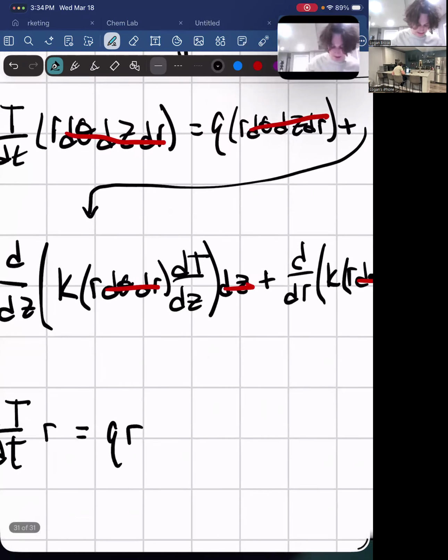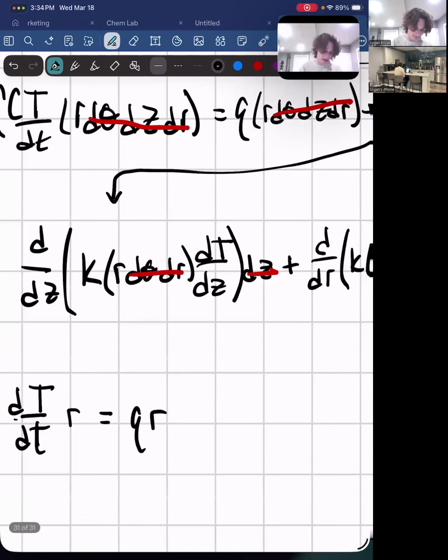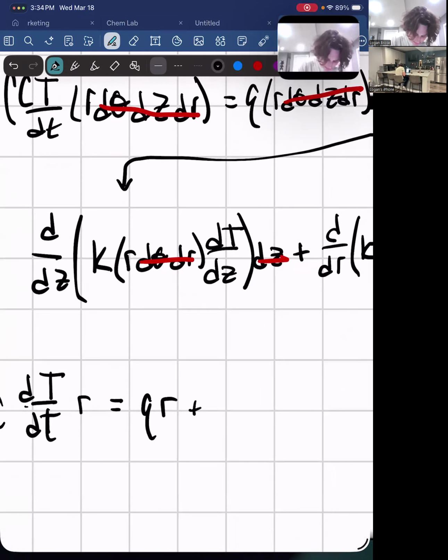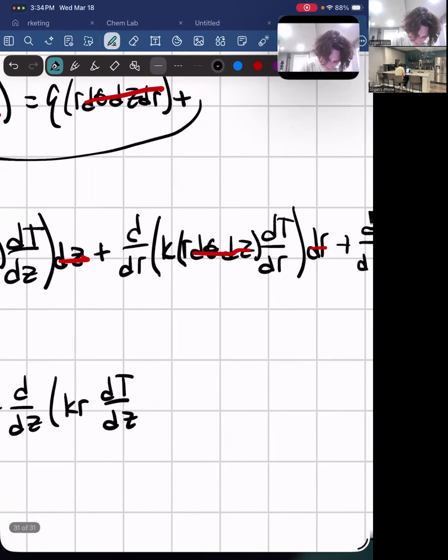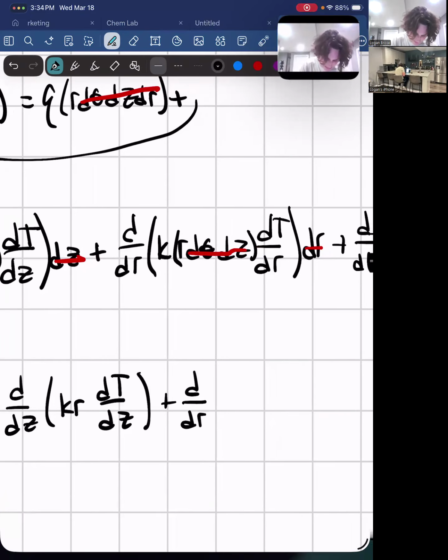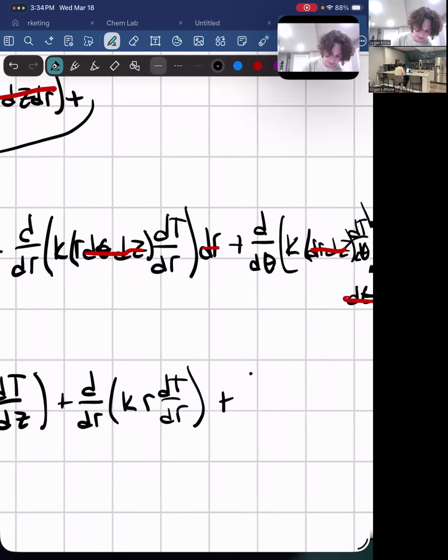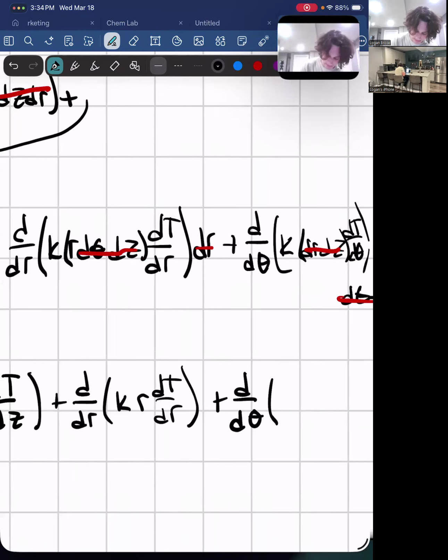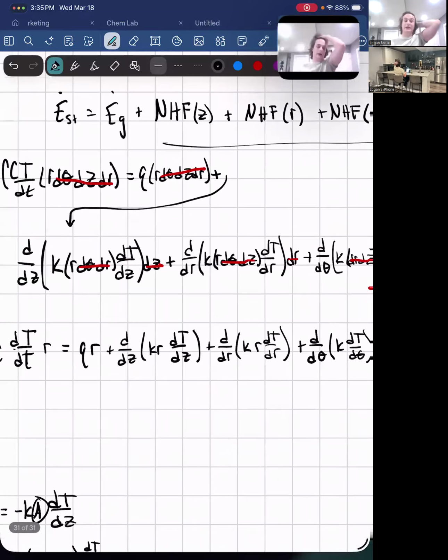And then when we simplify all these, we get plus d dz kr dT dz, plus d dr times k r dT dr, plus d d theta times k dT d theta.